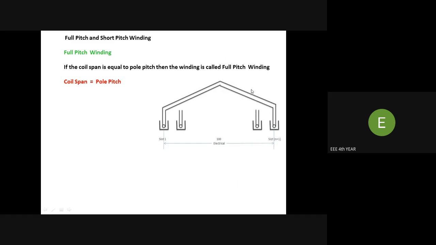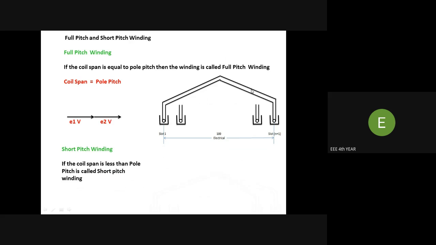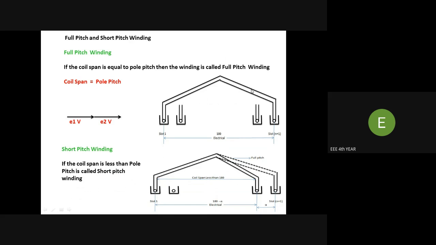Short pitch winding: if the coil span is less than the pole pitch, it is called short pitch winding. There is a difference between full pitch winding and short pitch winding. Next, the advantages of short chorded winding or short pitch winding over full pitch winding.